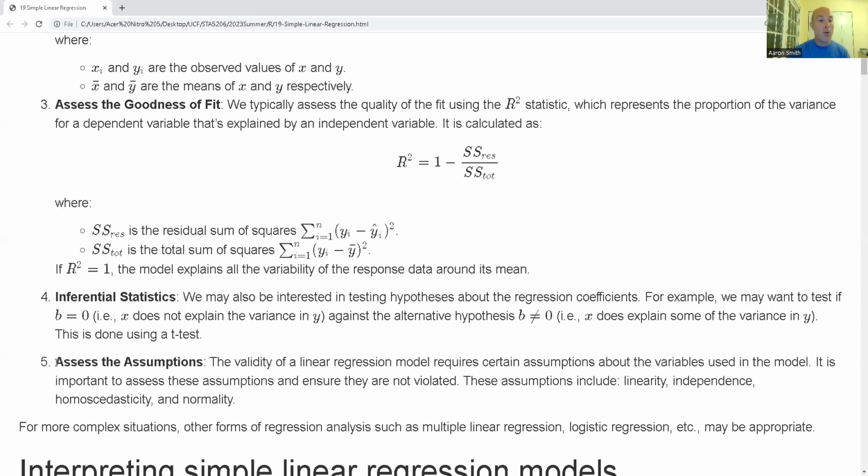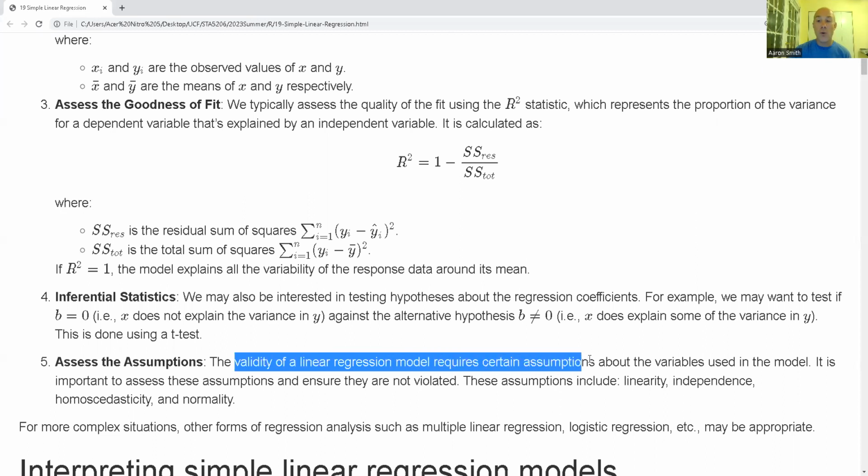And then we also want to assess the assumptions. Whenever I'm doing statistics, I have assumptions about what I'm doing, and if those assumptions are grossly wrong, I can't trust the output. My conclusions could be incorrect. So the validity of a linear regression model requires certain assumptions about the variables used in the model.